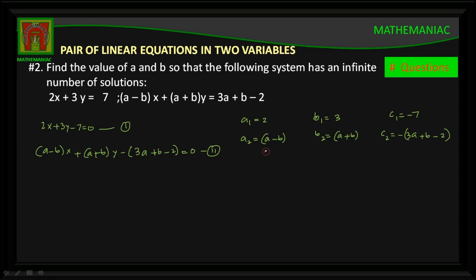Again, I'm mentioning here, this is very important, right? You mention how you got A1, A2, B1, etc., right? Okay, so now this time the mode of workout will be a little different. Earlier we calculated the ratios, but this time they already told you that this system has an infinite number of solutions, right?